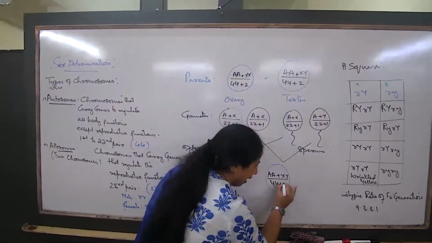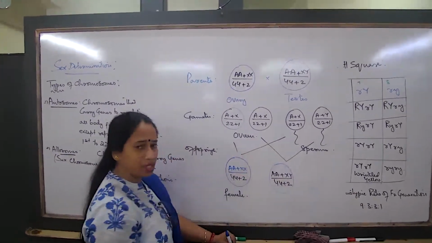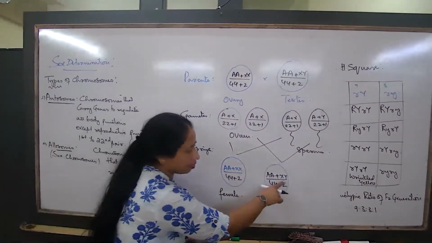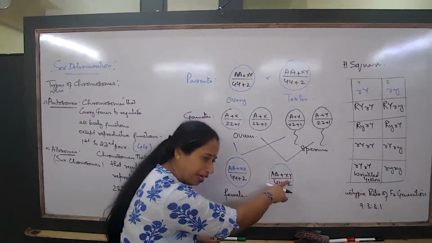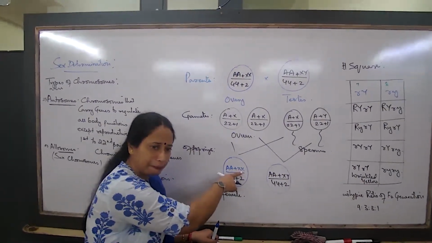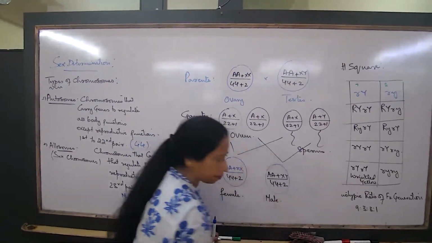Number back 46. What will be the sex of this zygote now? Male. The 23rd pair XY अगर है तो male, 23rd pair XX अगर है तो female. So this will be a male offspring.